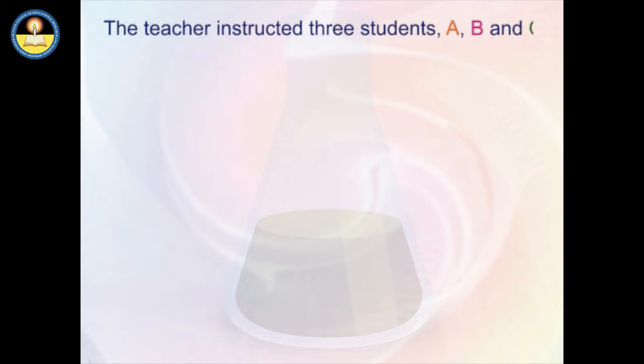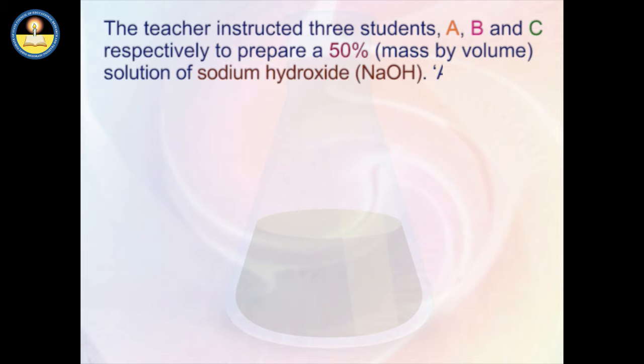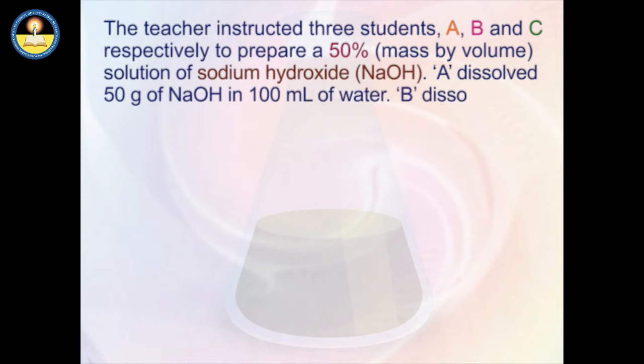Let us now try to solve one more problem. The teacher instructed 3 students, A, B and C respectively, to prepare a 50% mass by volume solution of sodium hydroxide. A dissolved 50 grams of sodium hydroxide in 100 milliliter of water.